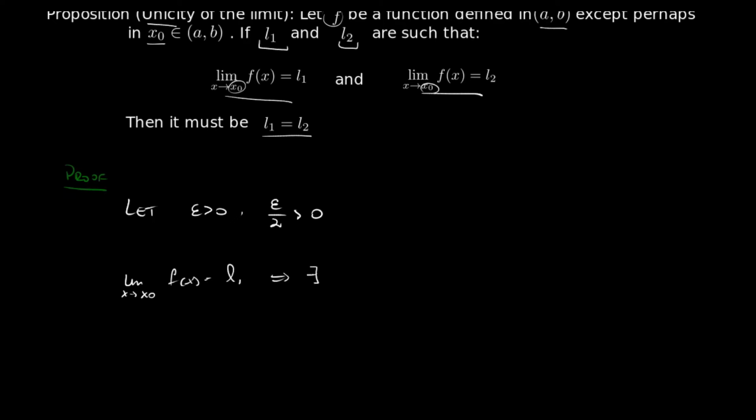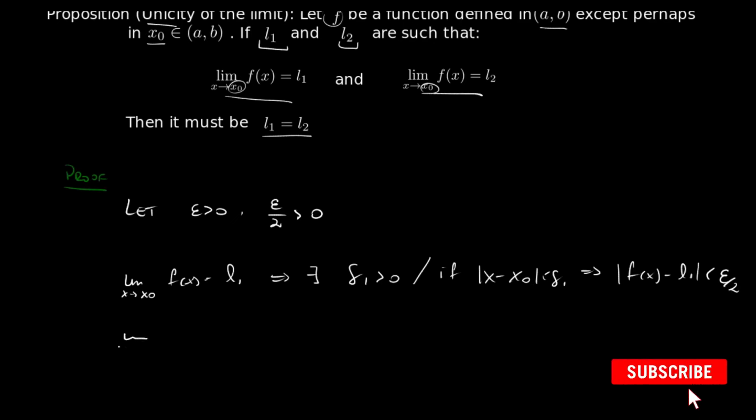So then we know that there exists a number delta 1 greater than 0 such that if we have that |x minus x0| is smaller than delta 1, then |f of x minus the limit L1| is smaller than epsilon over 2.